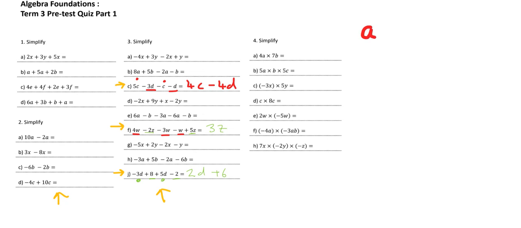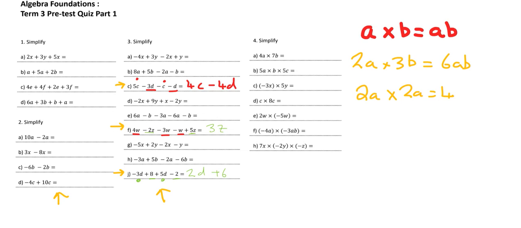Just things to note. a multiplied by b is ab. 2a multiplied by 3b is 6ab. 2a multiplied by 2a is 4a squared. 7my multiplied by 7my is 49m squared y squared. So let's have a go at doing these.